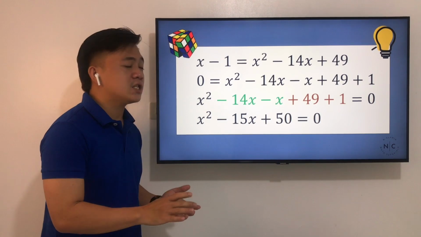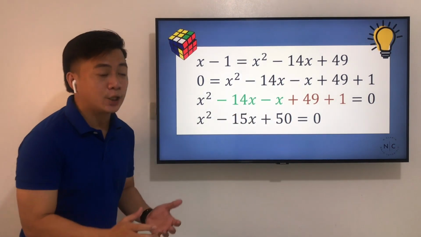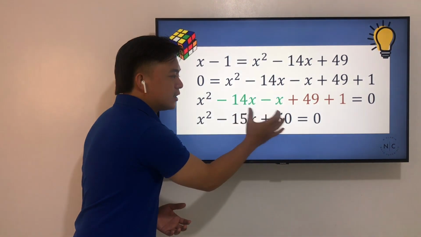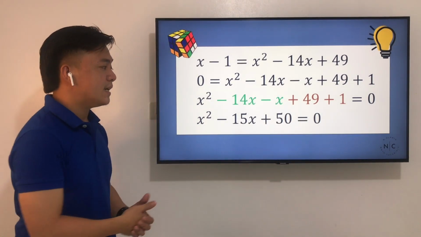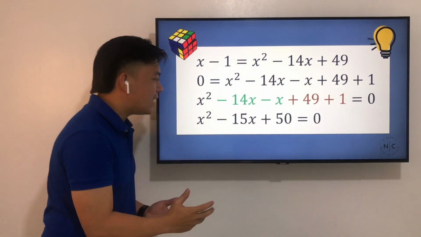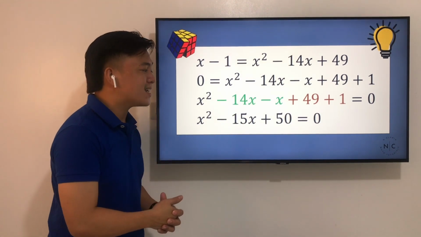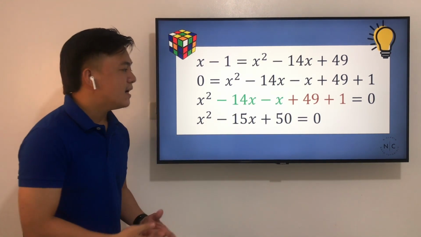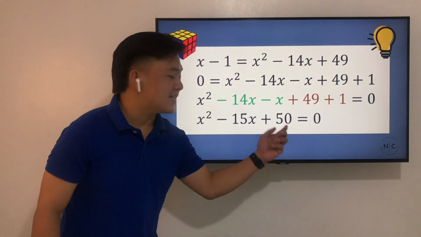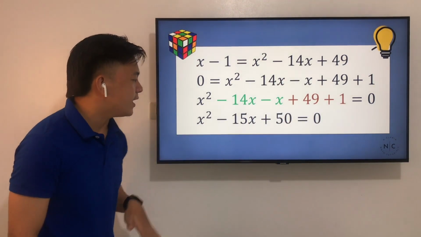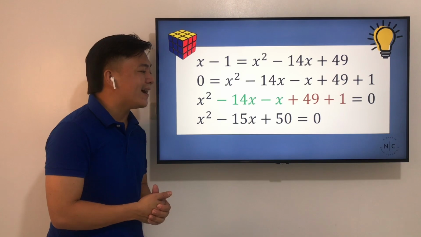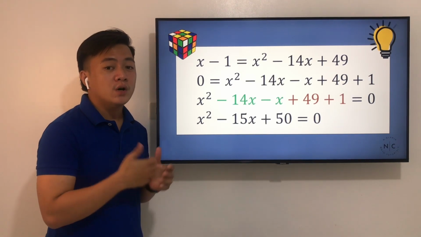So kahit nasaan yung 0 dyan, sa kanan o sa kaliwa, same lang. So kung mapapansin nyo is, nilagyan ko ng kulay yung like terms natin. Yung linear term and then yung mga constant term natin. So if you are going to equate this, so bring down x squared and then negative 14x minus x is a negative 15x and then 49 plus 1 is 50. So, ang ating equation is x squared minus 15x plus 50 is equal to 0.